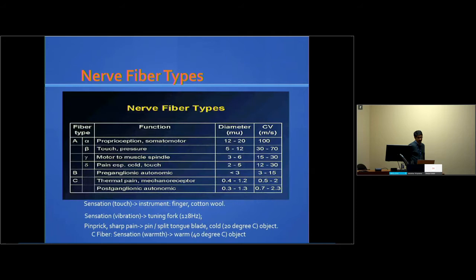When we look at the fiber, the myelinated fibers are the ones that are thicker and bigger in diameter. So when we are studying with nerve conduction studies, we are not able to study the pain fibers with the EMG.